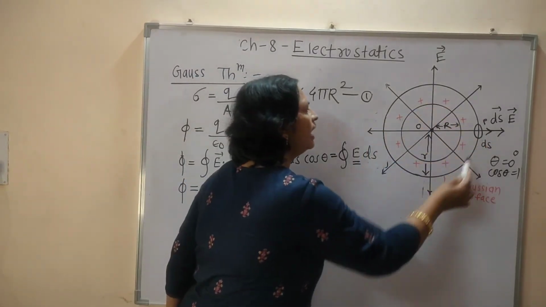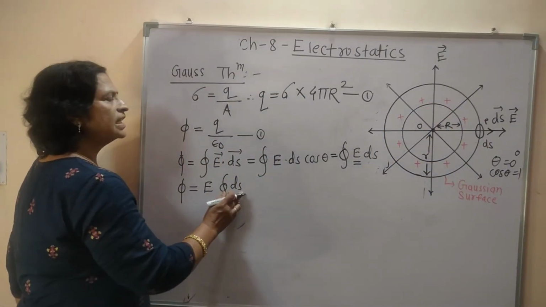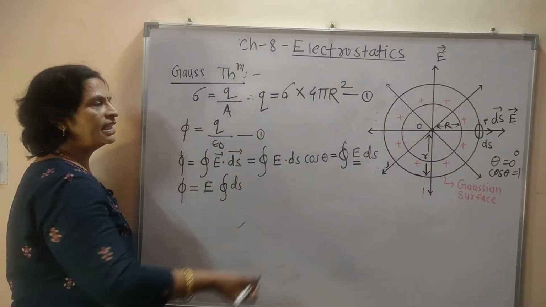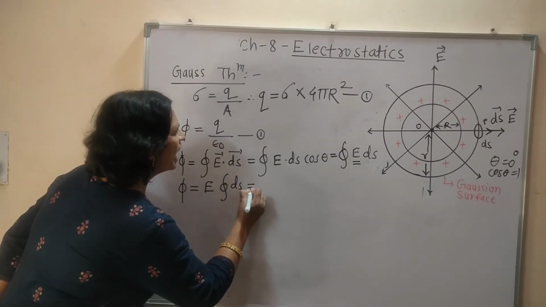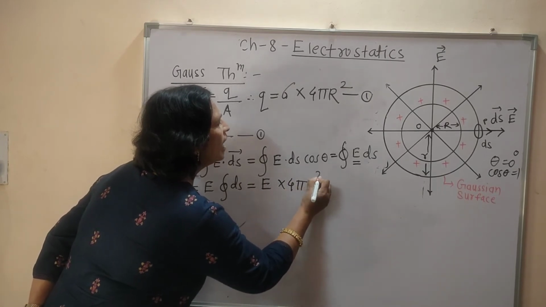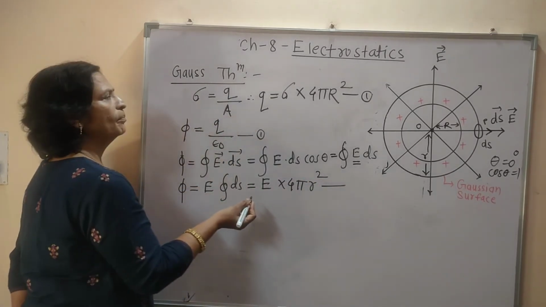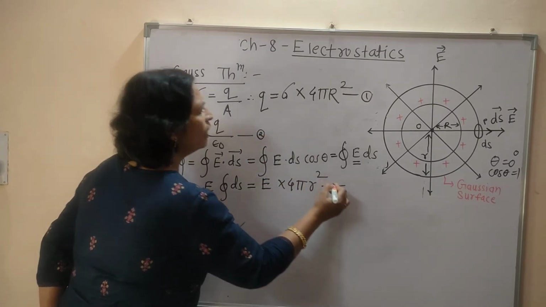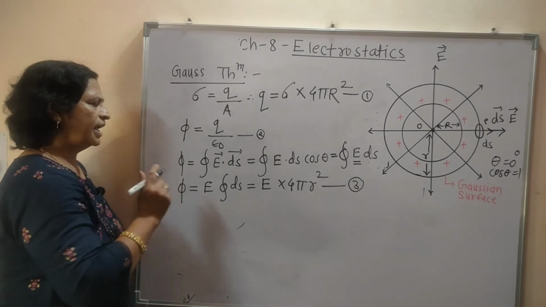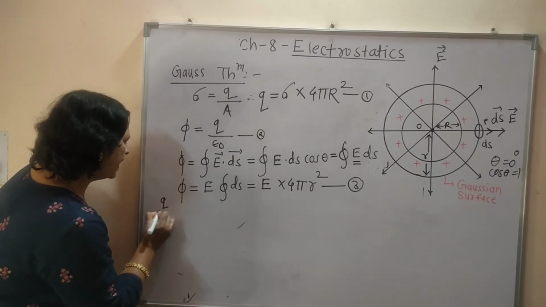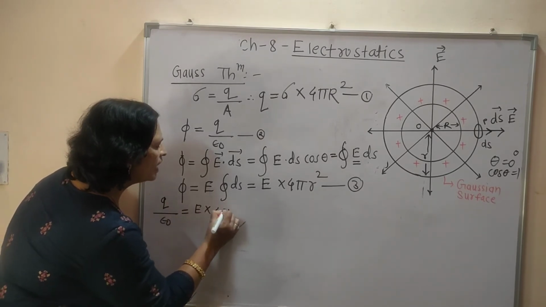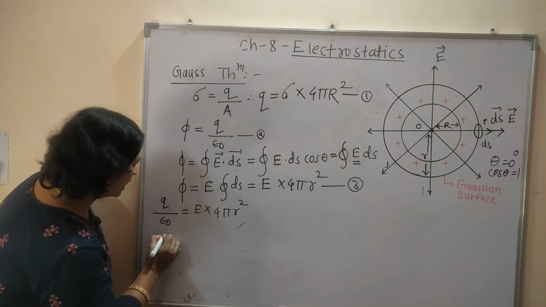The total area of this sphere is 4 pi r square, small r square, because small r is the radius of that Gaussian surface, and it becomes E into 4 pi r square. This is equation 3. Then comparing equations 2 and 3, we can write Q by epsilon naught equals E into 4 pi r square. We have to find the electric intensity.